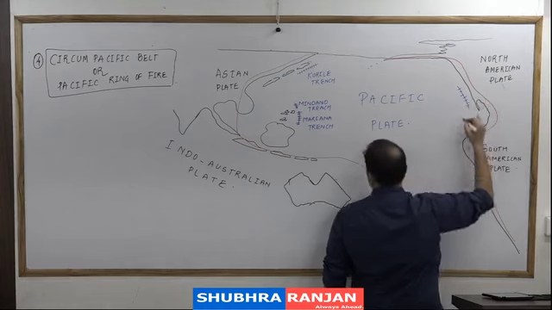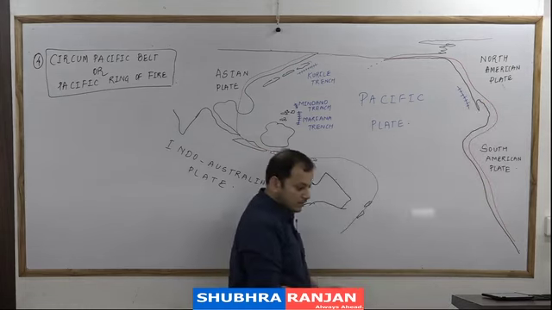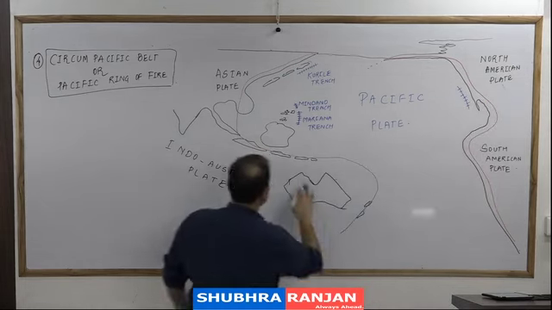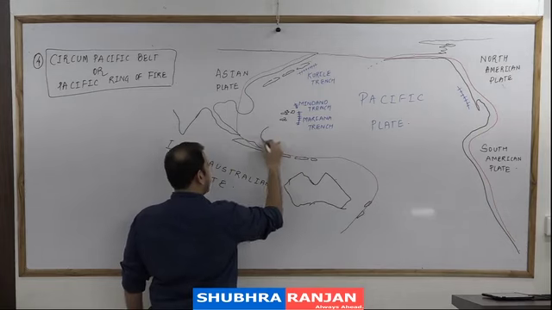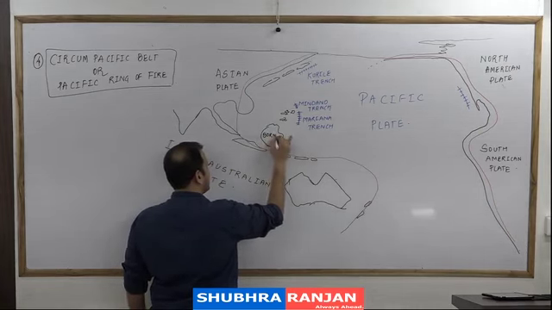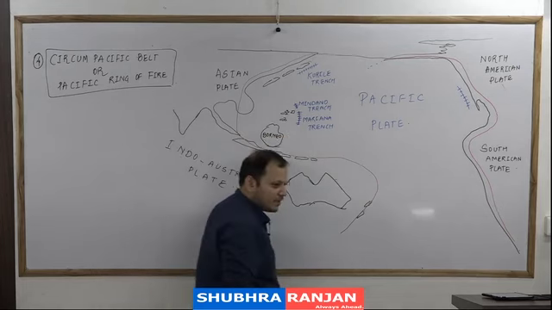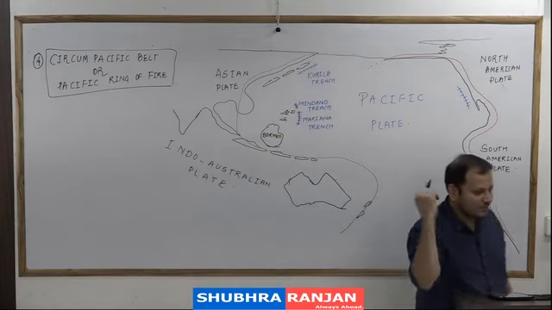Which one? This one? This one is also Indonesia, but it is an island which is known as Borneo. Indonesia, Malaysia, Brunei, these three countries are on this island.